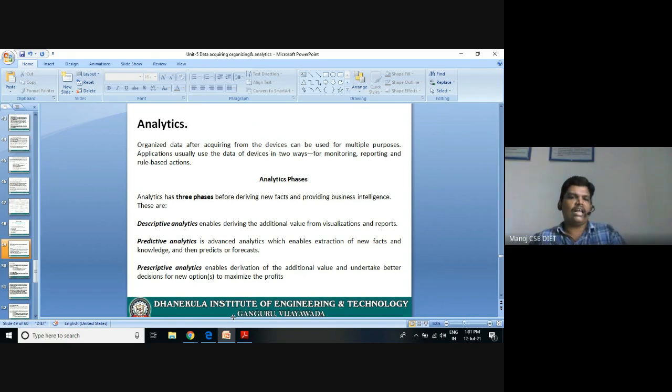On the current slide, you can observe the single line description: enables deriving the additional value from visualizations and reports. So with descriptive analytics, one can derive additional value from visualizations and reports.